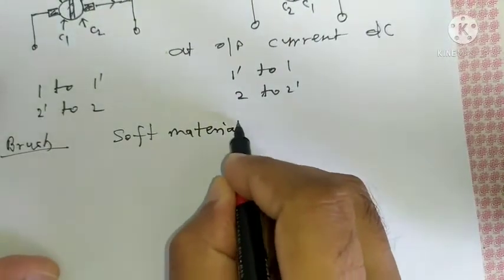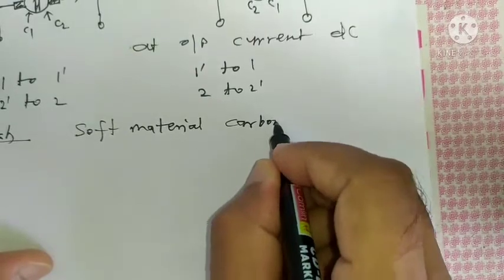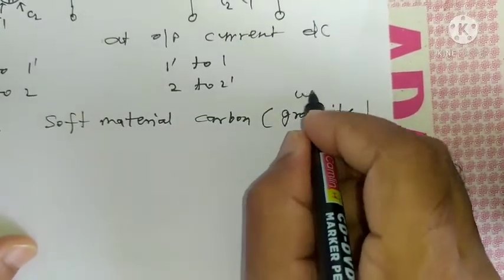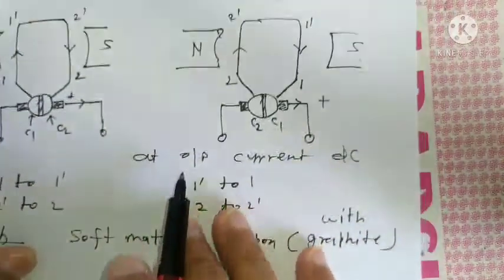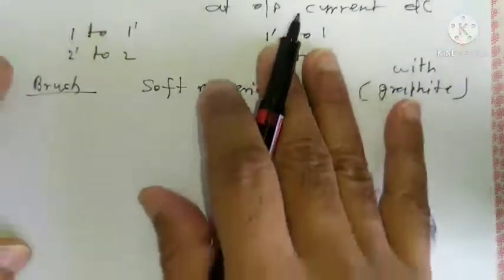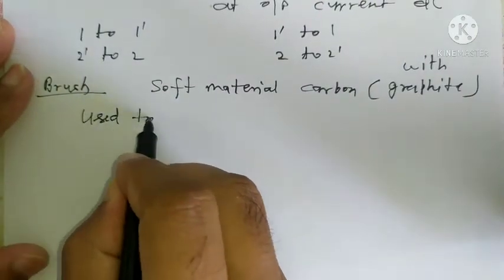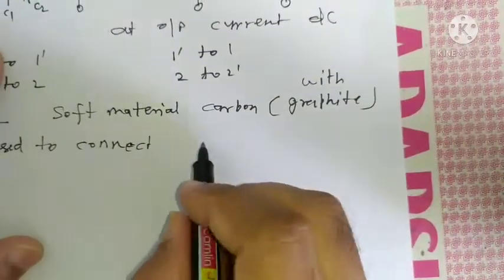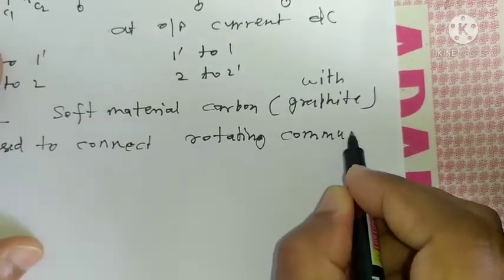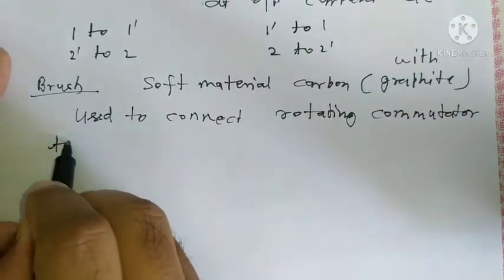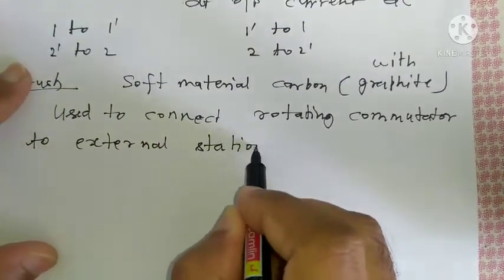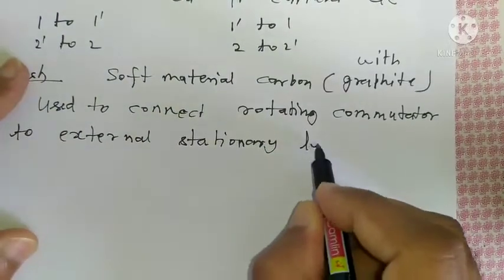Soft material, which is carbon along with a small amount of graphite also, right, and these are used to connect the rotating commutator to the external stationary load.